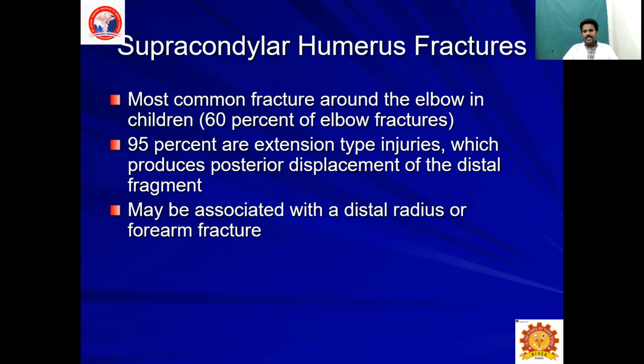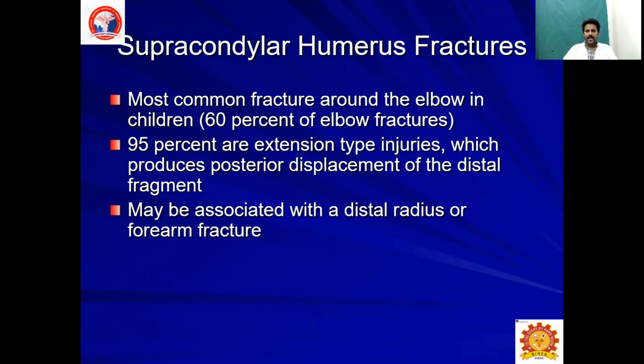It can be associated with a distal radius or forearm fracture. Always try to assess one joint distal and one joint proximal if you get a fracture case, because you must not leave any fracture unnoticed. That should be clear cut. Fracture examination includes examination of the fracture joint, fracture site, and one joint proximal and one joint distal, always, to avoid neglecting a fracture site.